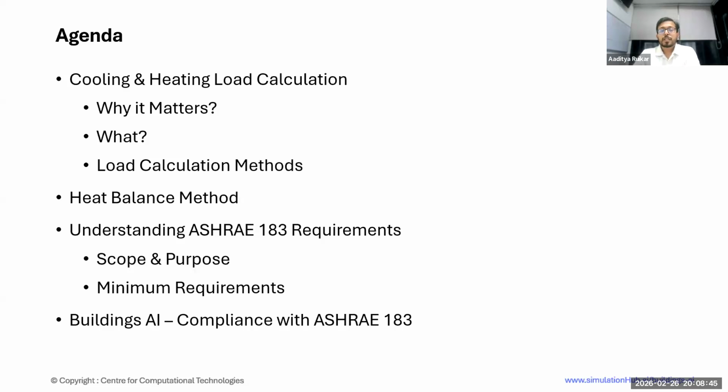Then we'll look at understanding ASHRAE 183 requirements: the role of this standard, its scope, the minimum requirements it puts on load calculation, and how Buildings AI is in compliance with ASHRAE 183.